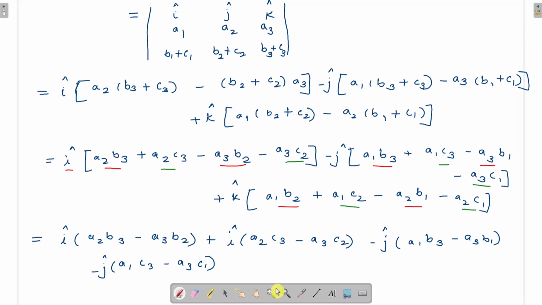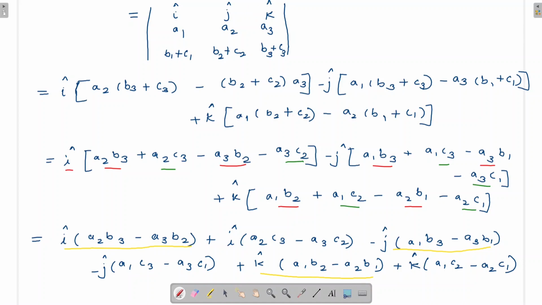and then to these two terms. Okay, so we will get plus k cap (a1 b2 minus a2 b1) plus k cap (a1 c2 minus a2 c1). Okay, now we will rearrange these terms as follows here. So we can write this first and then this as the second term, and then this as the third term.